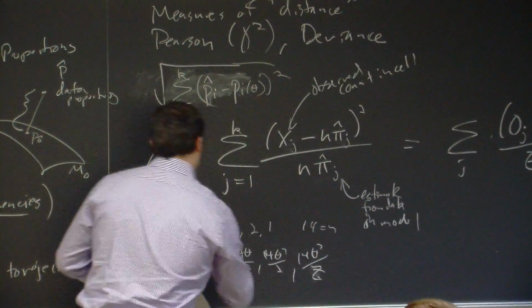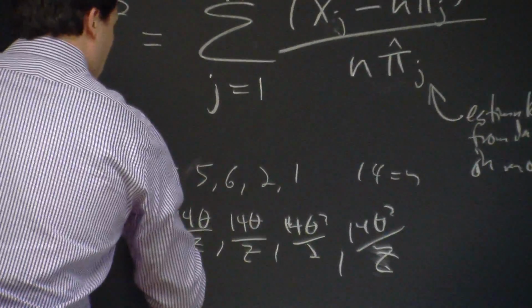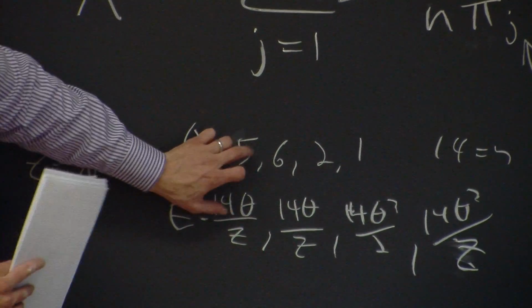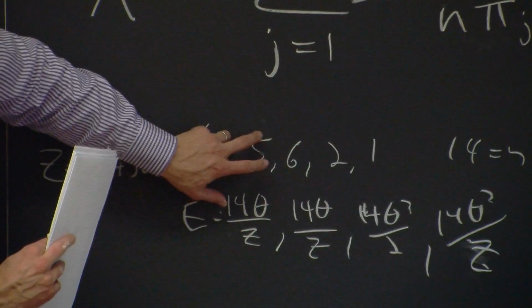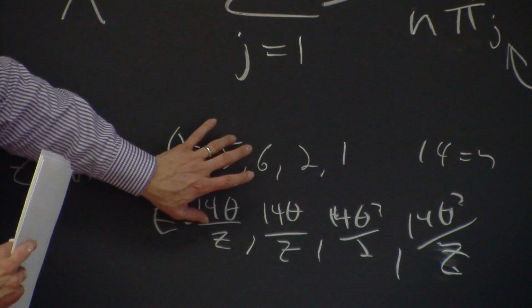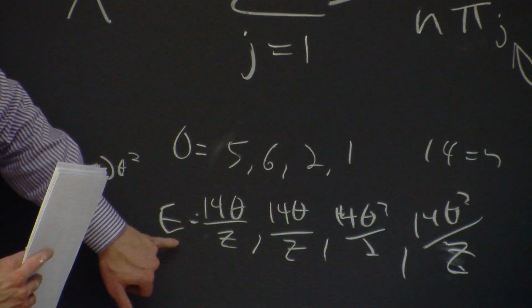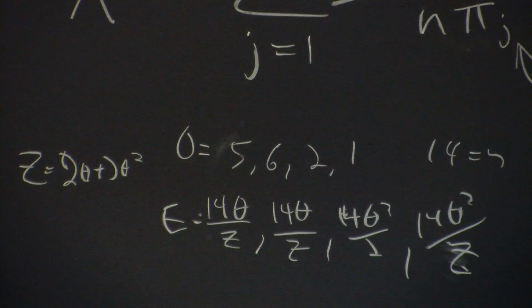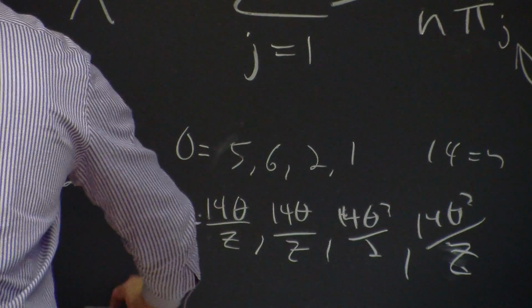So these would be my observed, and these would be my expected. And what I'm doing is comparing these numbers, how much the squared difference of these exceeds E. So that's the statistic.